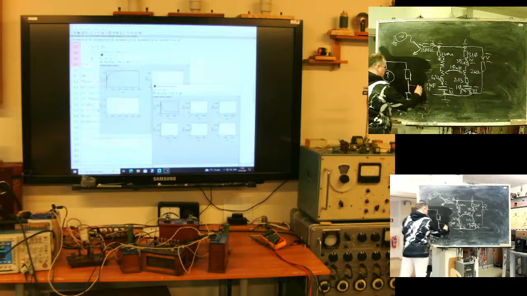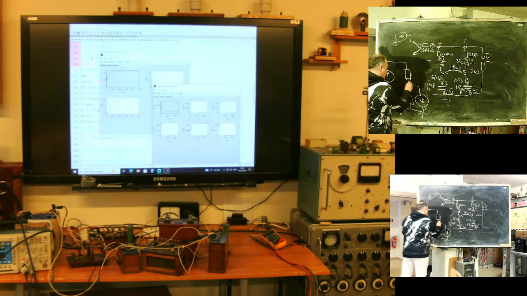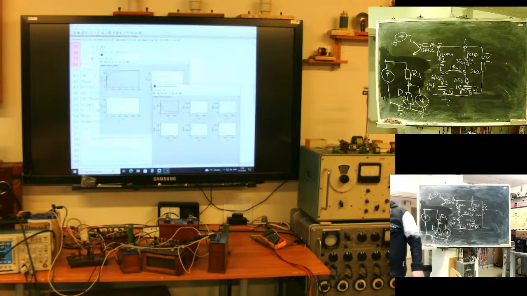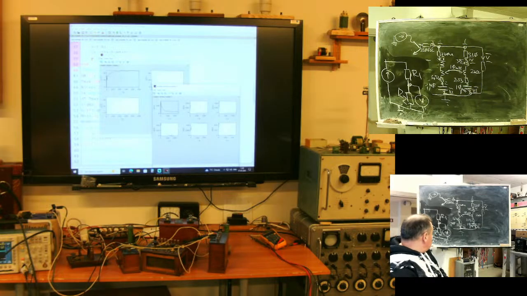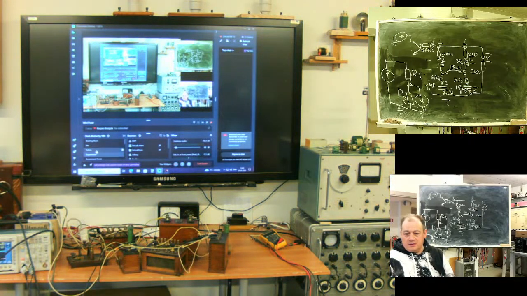Ground. Voltage. So 200 and this is 280. Yeah, this 2000. 200, 2000. So voltage 10.